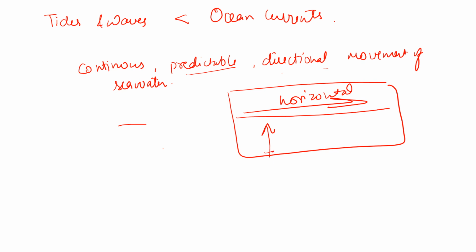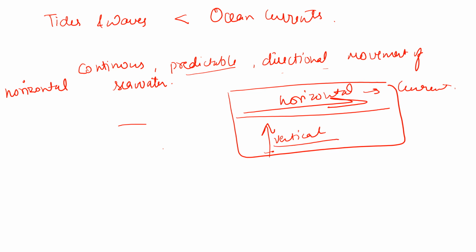The water from below can go up. That is vertical movement. The horizontal movement is known as current. So, continuous, predictable, directional, horizontal movement of seawater is known as ocean current.